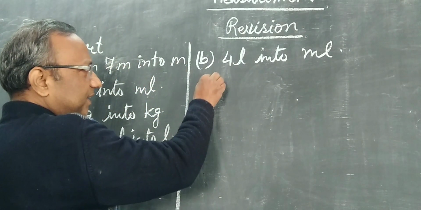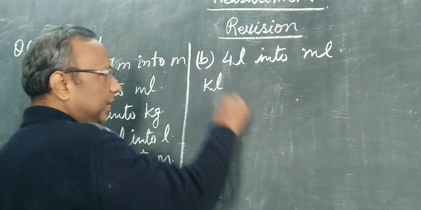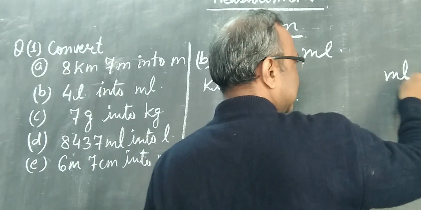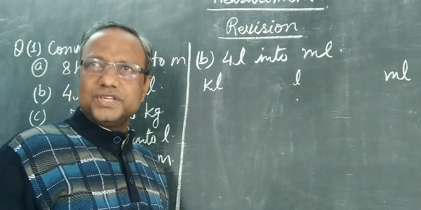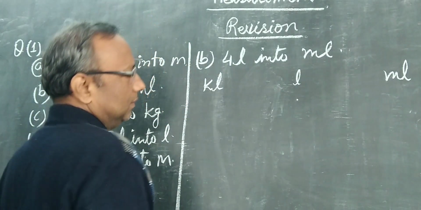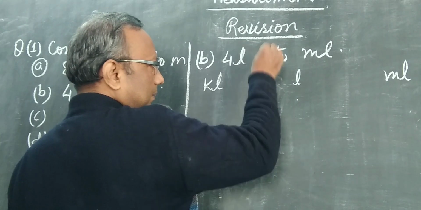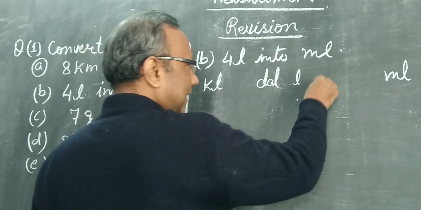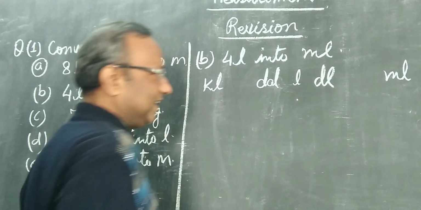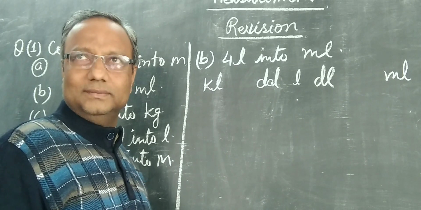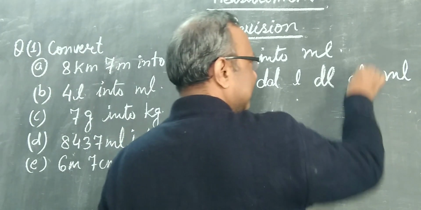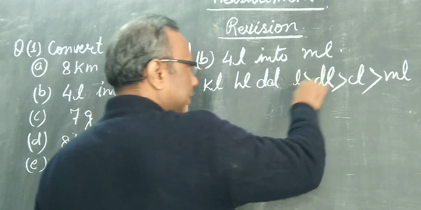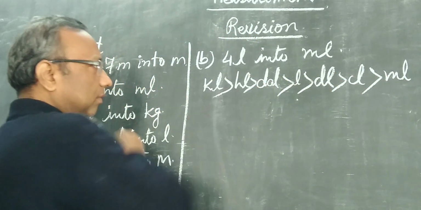Now see, the greatest unit is the kiloliter and the smallest is the milliliter. At the center, liter. Liter has two sisters. The elder sister's name is decaliter, the younger sister is deciliter. And there are two brothers also. Yes, sir. What is the elder brother's name? Hectoliter. The younger brother is centiliter. Now see, your unit order is ready for the work.